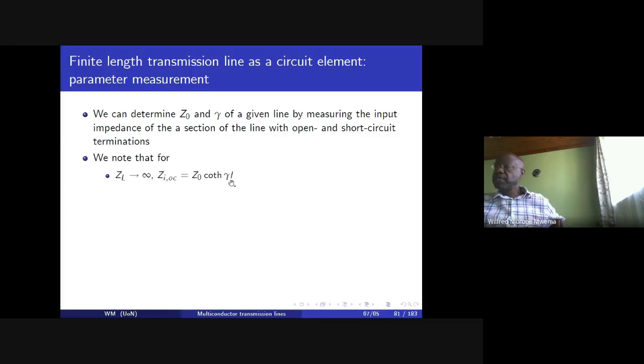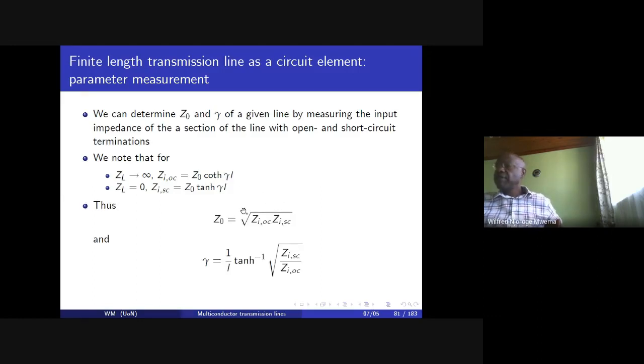And we note that for ZL approaching infinity, the ZI open circuit is equal to Z0 times the hyperbolic cotangent of gamma L. For ZL equal to 0, that is short circuit, the ZI short circuit is going to be equal to Z0 times the hyperbolic tangent of gamma L. Here we are not using any approximations. We are using the exact solutions of our input impedances.